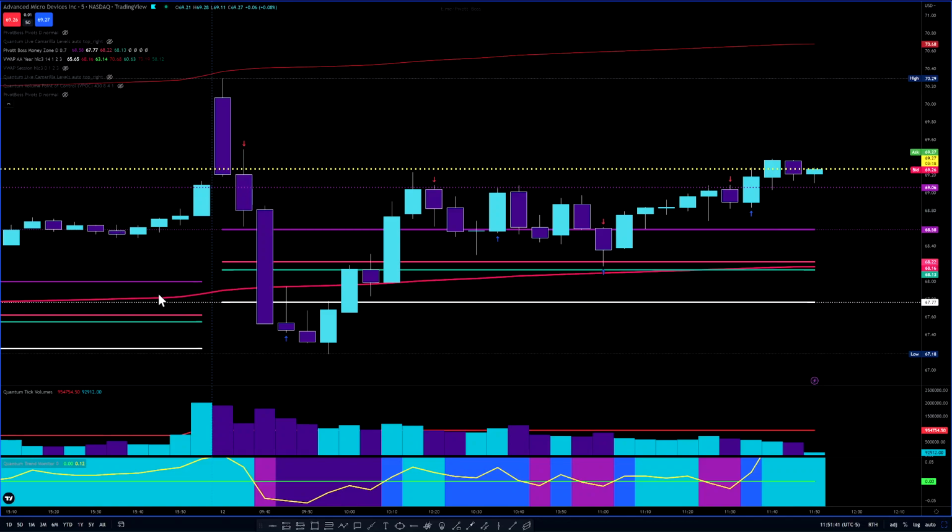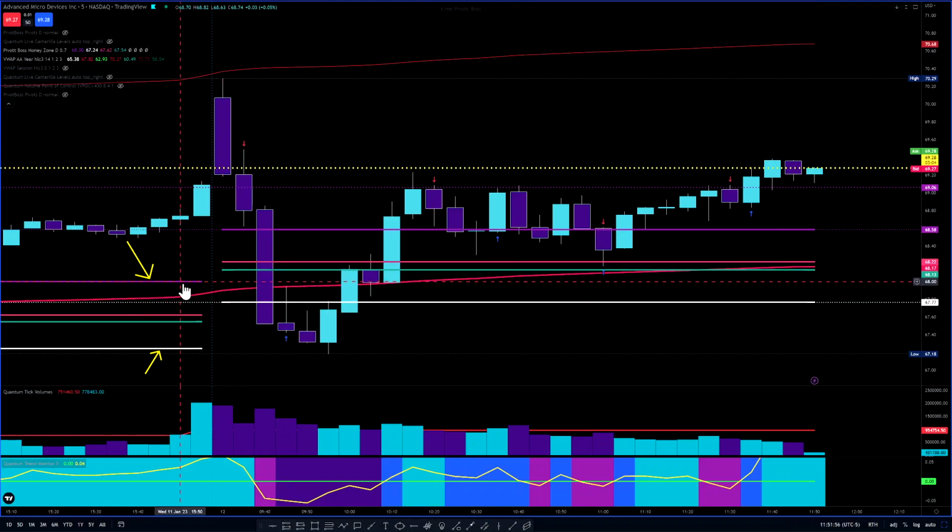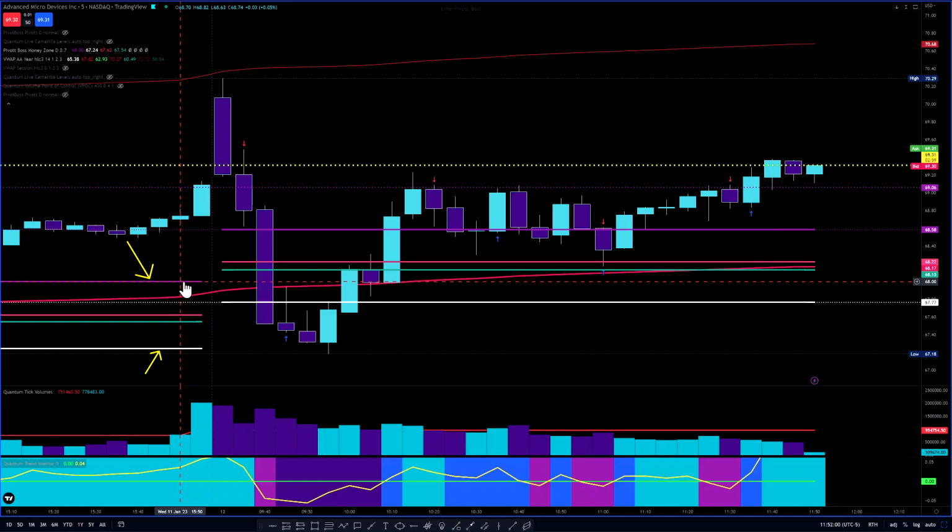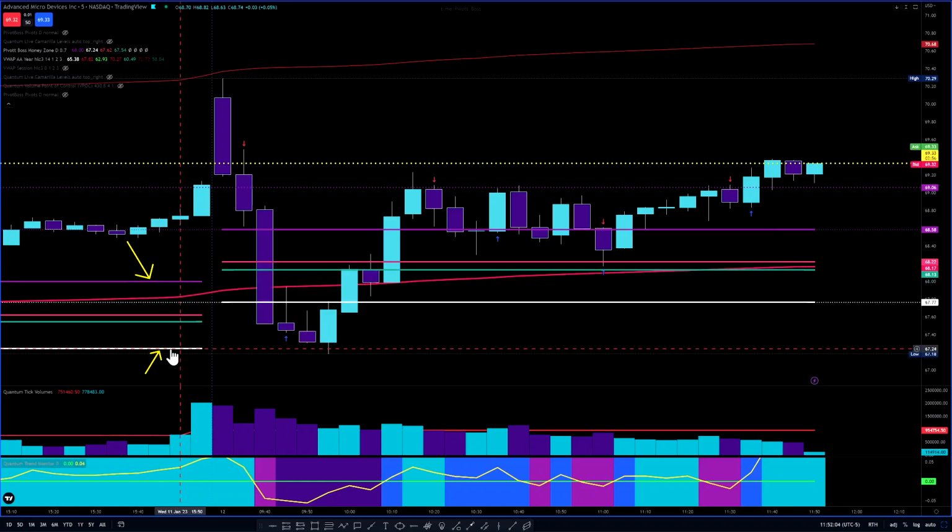Looking at the money zone setup, the value area high yesterday was here and the value area low yesterday was here, so let's get some levels on that. Value area high was approximately 67.99, or let's say 68, and the value area low was 67.25.